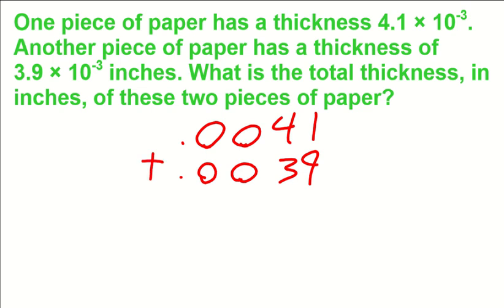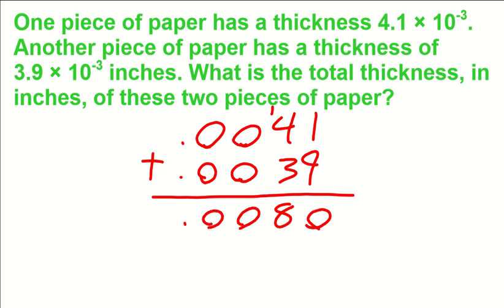When we add these together, we get the 0.008 like Zai told us. And when I put the decimal there, you see how there's 3 digits in between them, so that's to the negative third. That's where the negative 3 comes from.